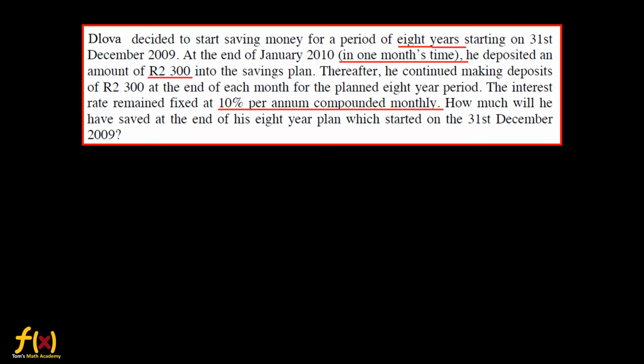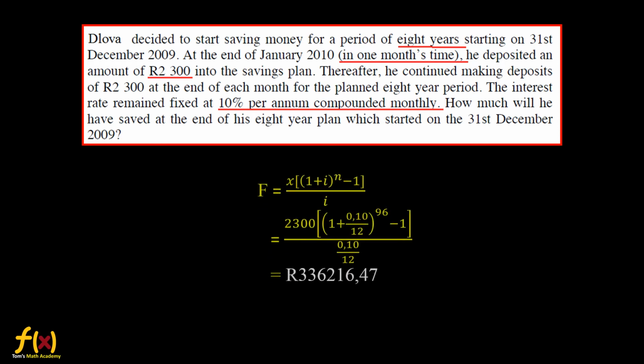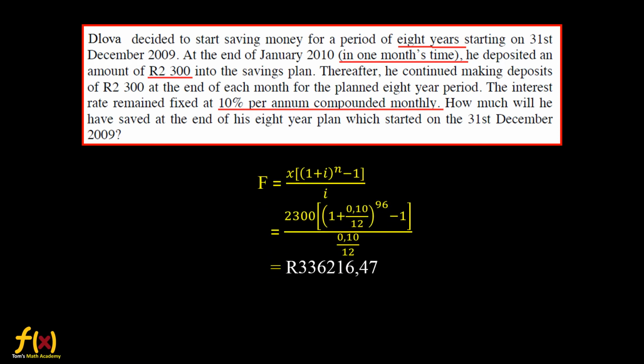Interest rate is 10% compounded monthly. And then we are going to calculate 8 years. So we substitute 8 times 12, 96 here. n is 96. So we use the calculator and get the answer. Practice the calculator. Double check.